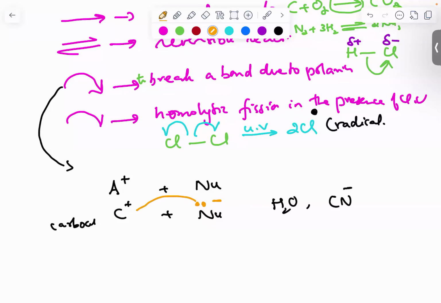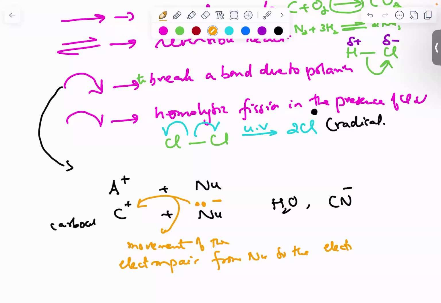You extend it from the lone pair to the other atom. This is again the curly arrow, and it shows the movement of the electron pair from the nucleophile to the electrophilic carbon atom. So there are two meanings of the curly arrow. One is the breaking of a bond, which I have shown, and the other is the movement of the lone pair from the nucleophile to the electrophile. Is it all clear?